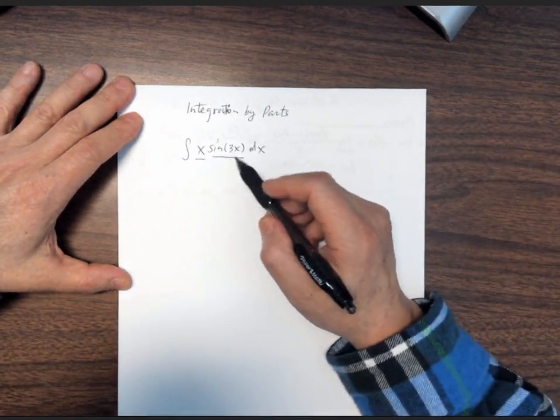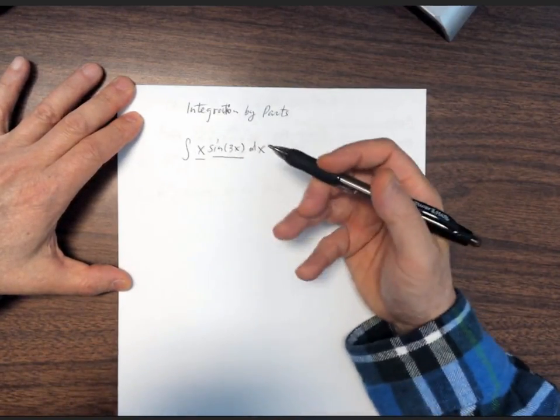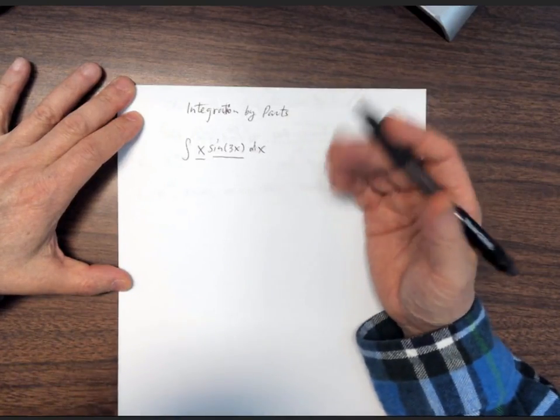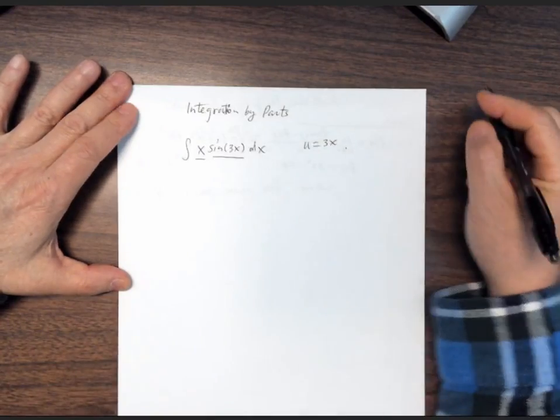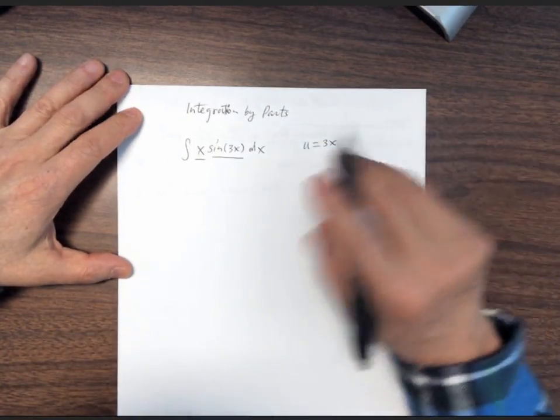Normally, we would try to introduce some substitution to simplify this, so hopefully we can integrate it just like sine u, if we assume 3x to be replaced by u, the substitution.